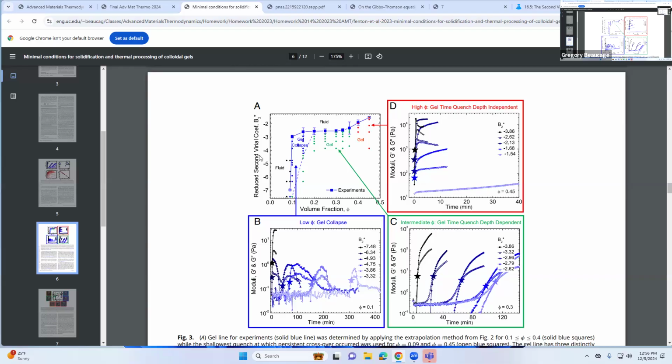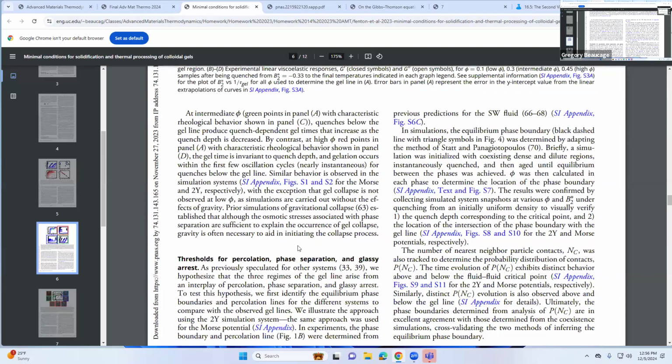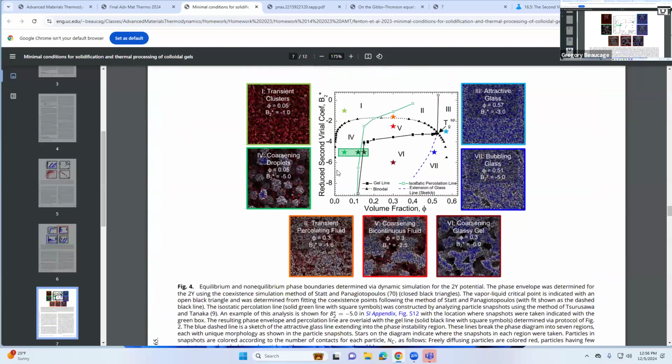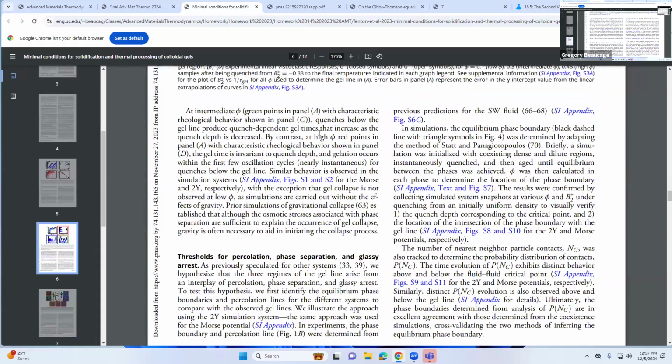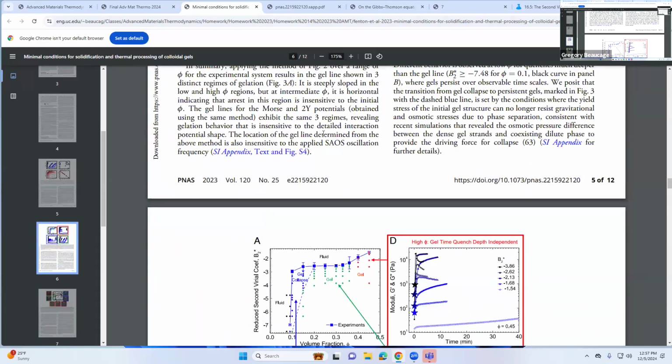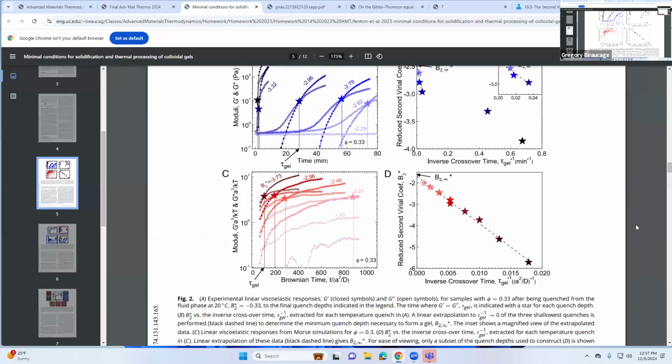So then you can just plot B versus time, there's a plot of that somewhere. Crossover time, and then B.